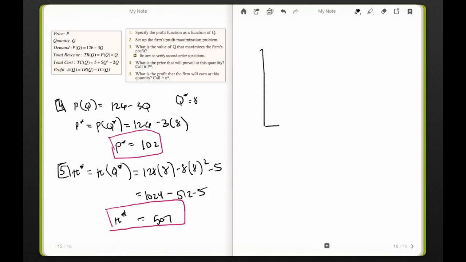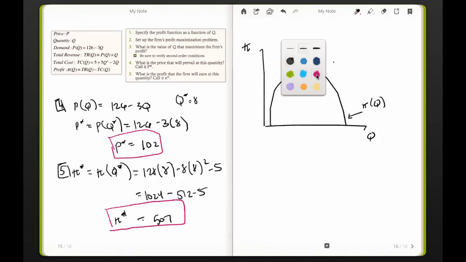If we were to graph out the profit function, we know it depends on quantity, and it's a quadratic function. It's going to look something like this. So this is the profit function. What we did was we found the point by setting the derivative of profit equal to 0. We found this point here.